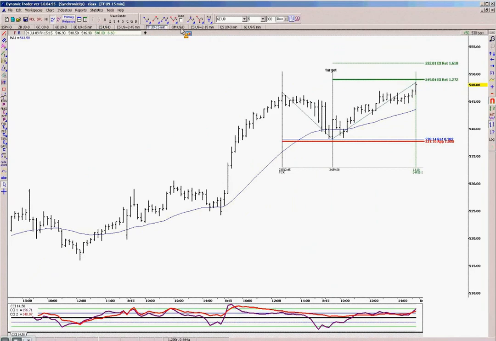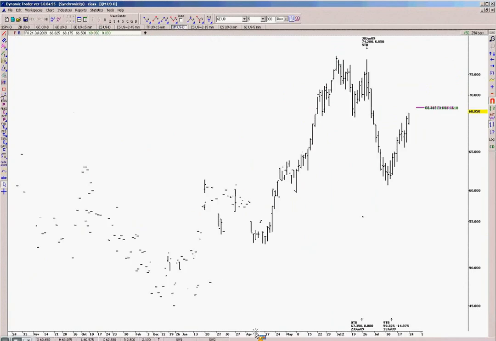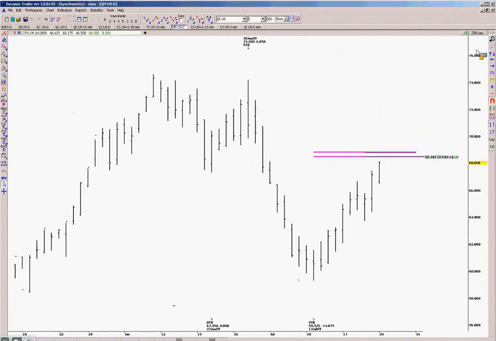Let's see. I've got a decision coming up in crude oil. We've got two retracements that we want to watch that overlap a 1618 extension of a prior minor swing.